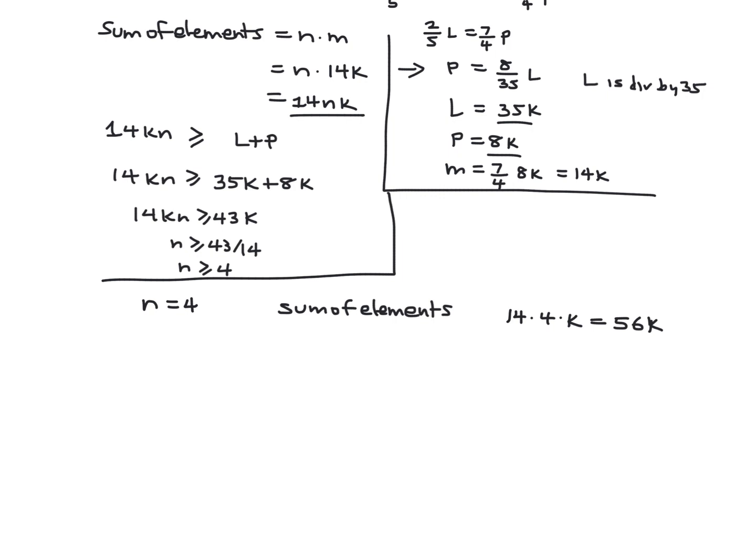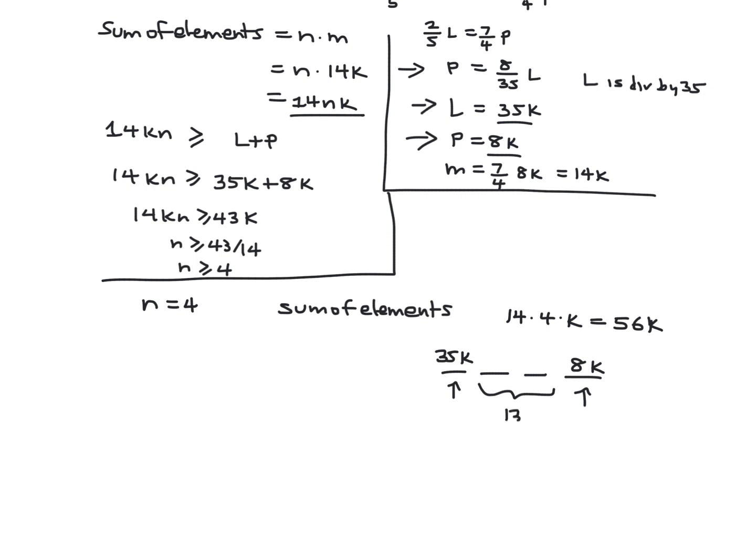So we have to see if we can make 4 elements that add up to 56k. Well, the largest one is L, that's 35k, already predetermined. The smallest element is P, predetermined to be 8k. Now the sum is 56, so these two have to add up to 56 minus 35 minus 8. 56 minus 43 is 13.